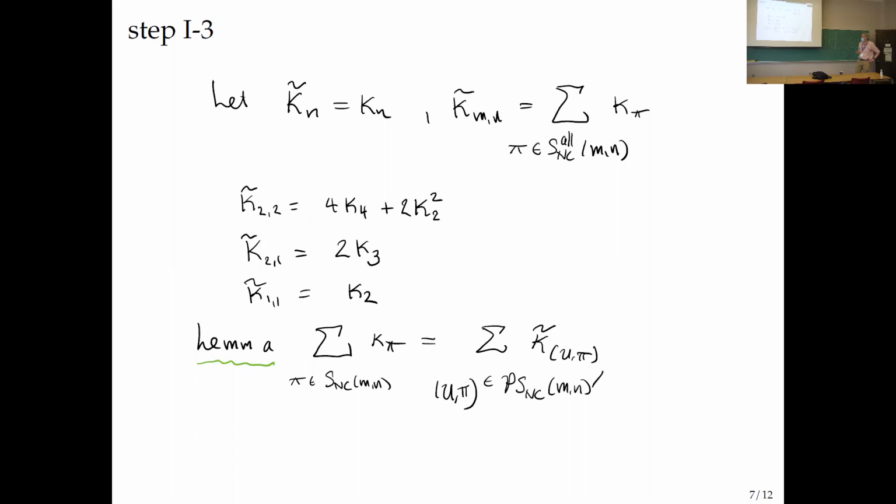Summing over these annular things, which are connected, is the same as summing the phony ones over the disconnected ones. And if you just plug these things in, you get exactly those formulas.